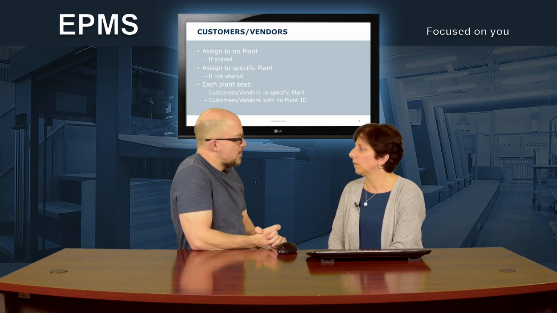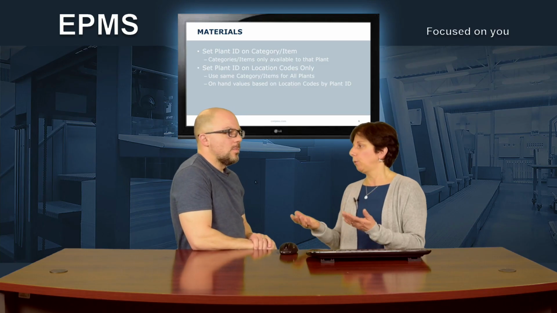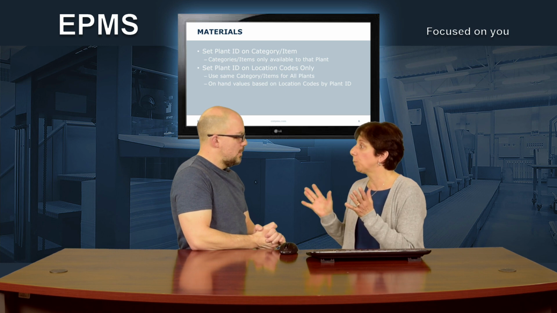Materials, similar? They are similar. Let's take a look at that slide. With the materials, you can set a plant ID on a category and or an item, and then that category and or item would only be available to that plant. Now that works if you have categories and items that are very specific to the plant.